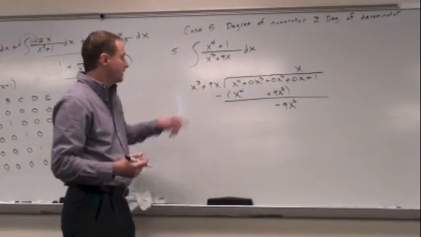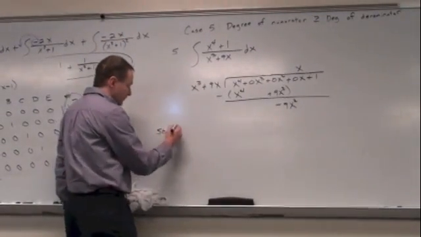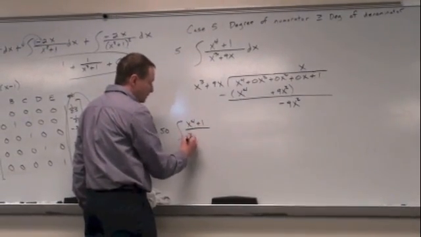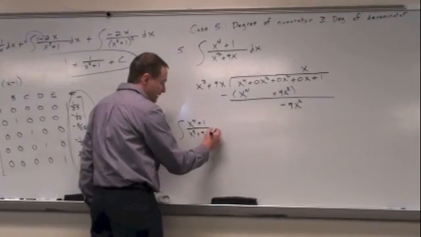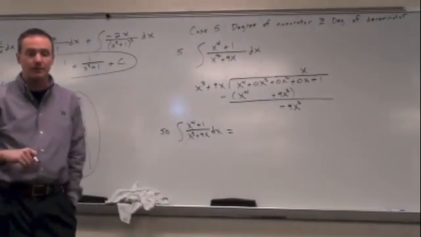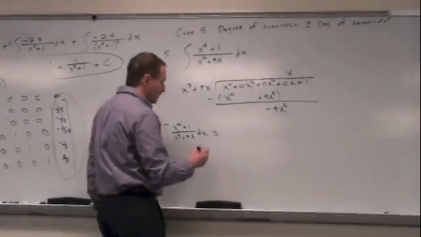What I can do is I can say, so this integral, x to the 4th plus 1 over x cubed plus 9x dx. Oftentimes you'll have to do your division more steps than just this. This time there was only one time.